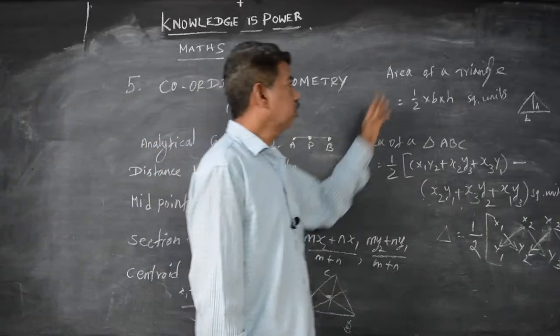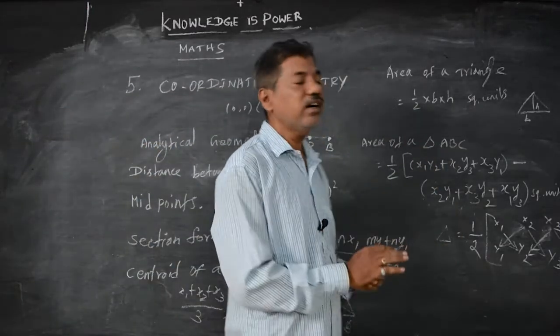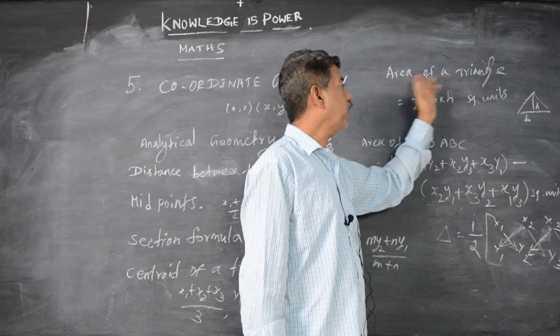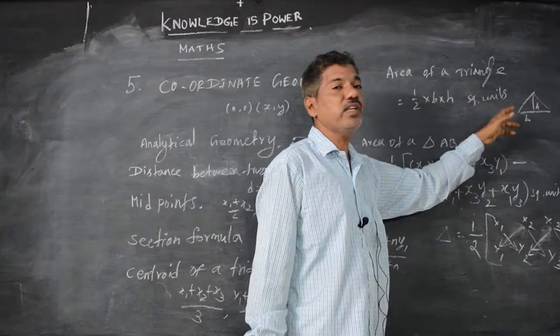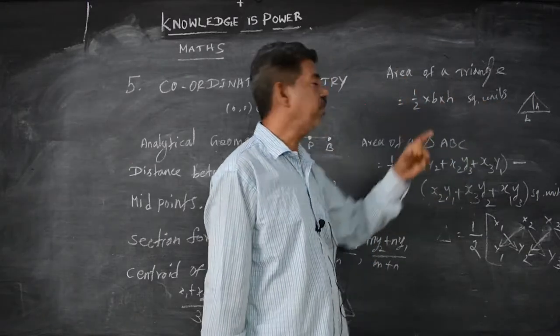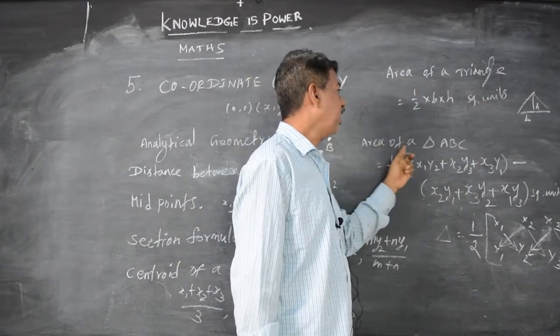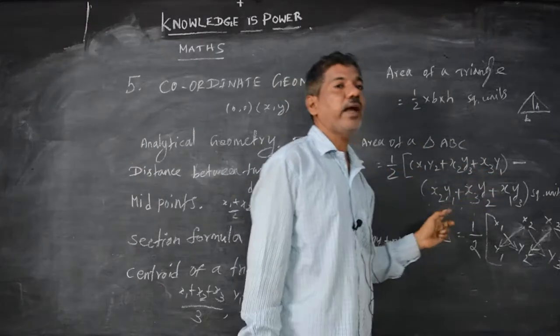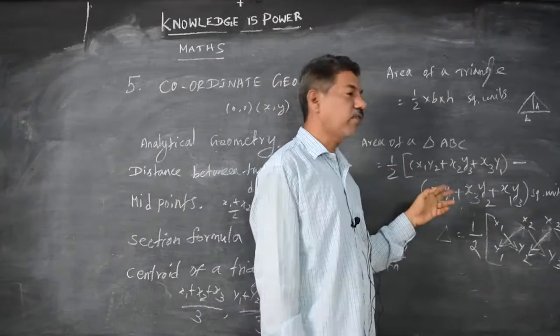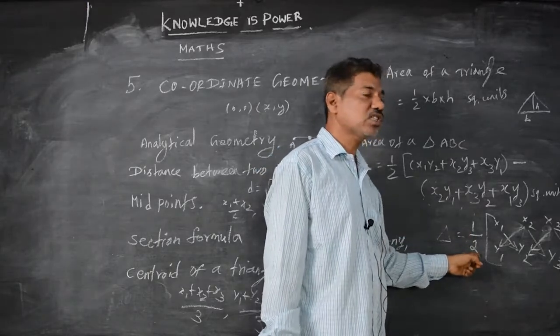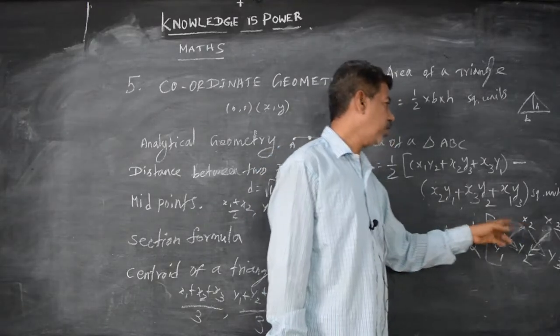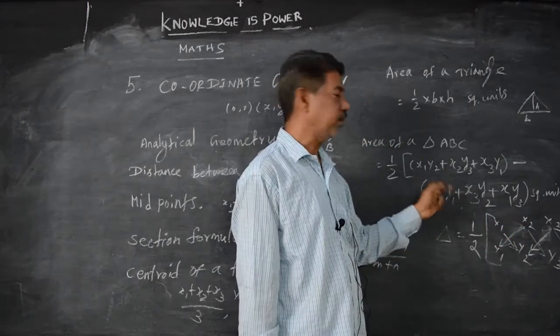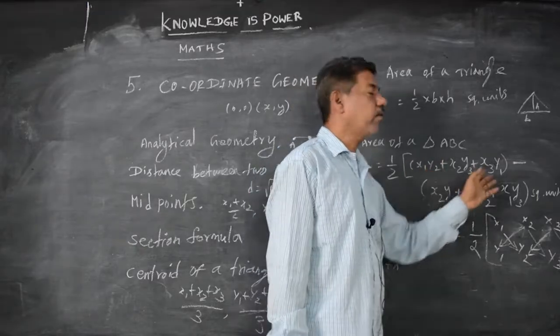This year begins with the area of a triangle, half into b into h square units. This also we studied in previous years. Next, the area of a triangle ABC is half into this formula. I told you some methods: either use the arrow indication and then write, or if you know how to write it, there is no need.